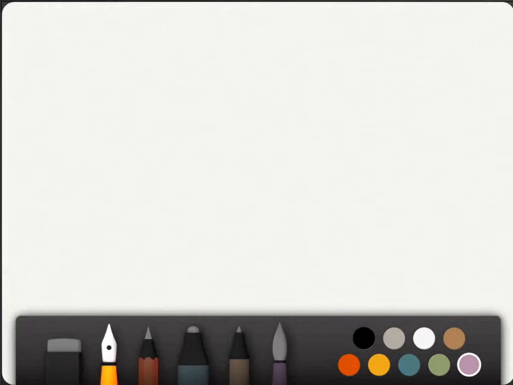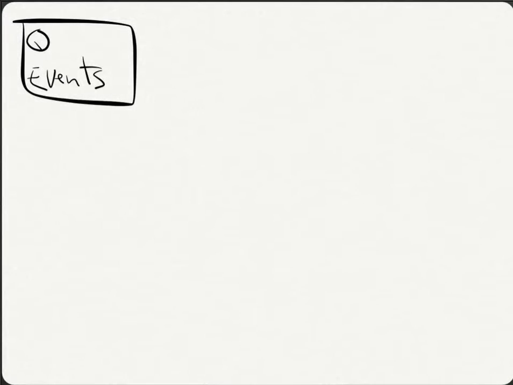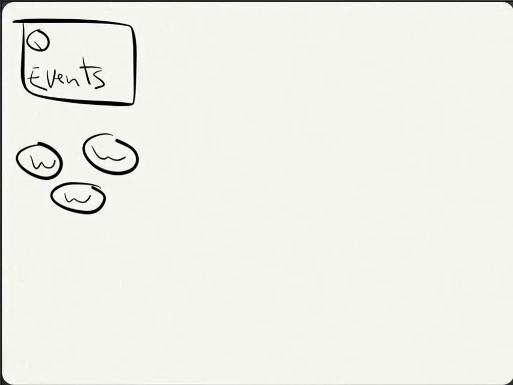All right, so what about this event queue now? Well, let's draw it. The event queue is going to have events in it, obviously. And there are going to be workers, right? And the workers are all pointing to this queue, just like they were before. But there's a difference.